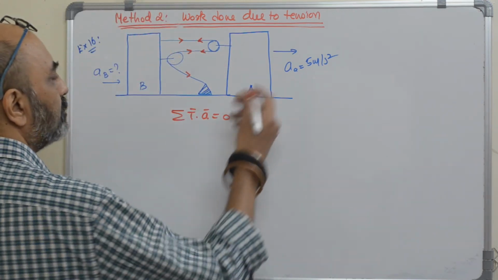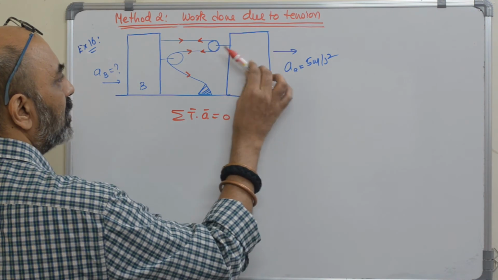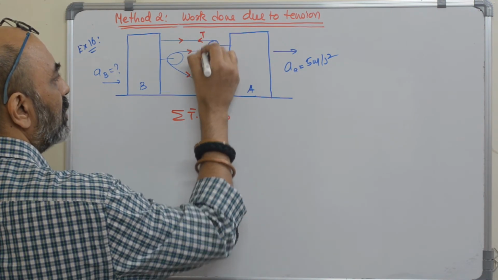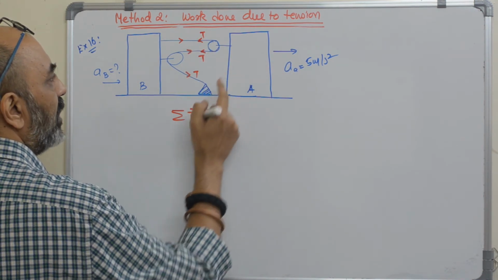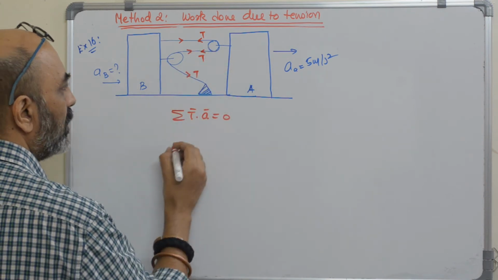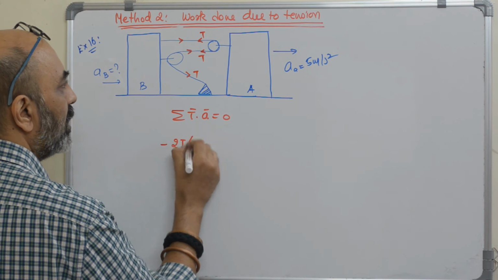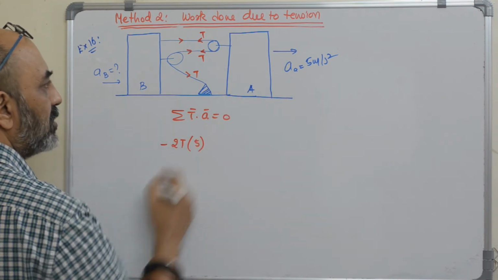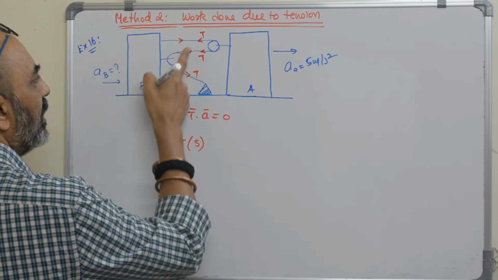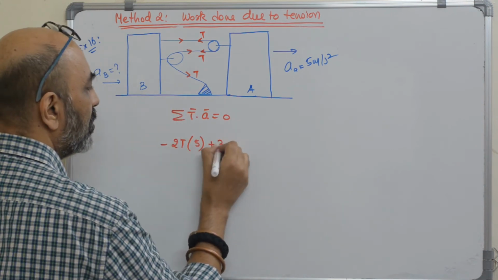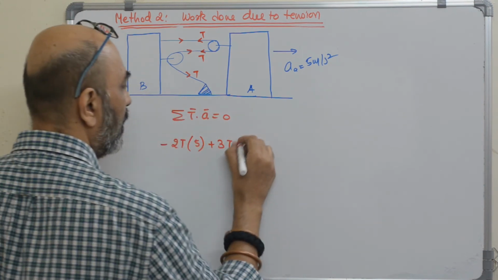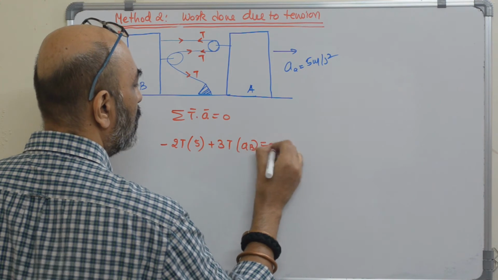So in this case we have, as far as A is concerned, this is tension. As far as A is concerned, T है, so 2T है, acceleration उधर है तो माइनस होगा, so it will be minus 2T into A, which is acceleration क्या है 5. B के लिए T है, so it will be plus 3T, acceleration in the same direction, so AB equal to 0.